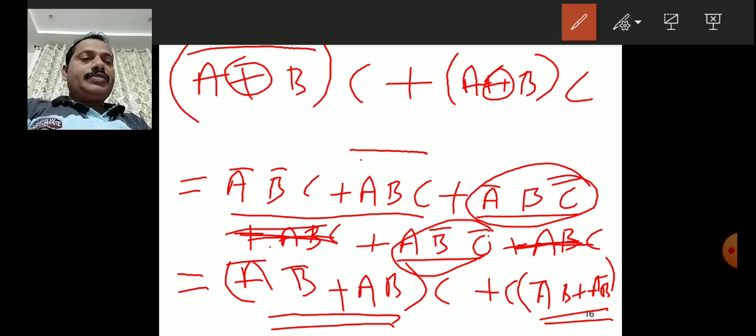And if you observe, this is the C bar common.